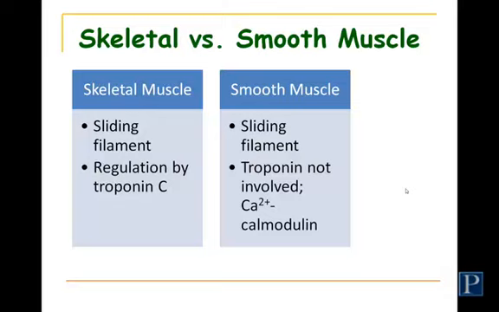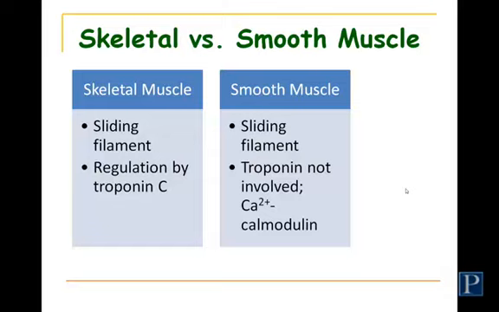So then what happened? Think about it. The more times you review this, the more likely you're going to remember it. So let's think about it. Troponin C bound calcium. Conformational change moves tropomyosin out of the way. What's tropomyosin? Why do they call it tropomyosin? Remember, tropomyosin is part of the actin filament.